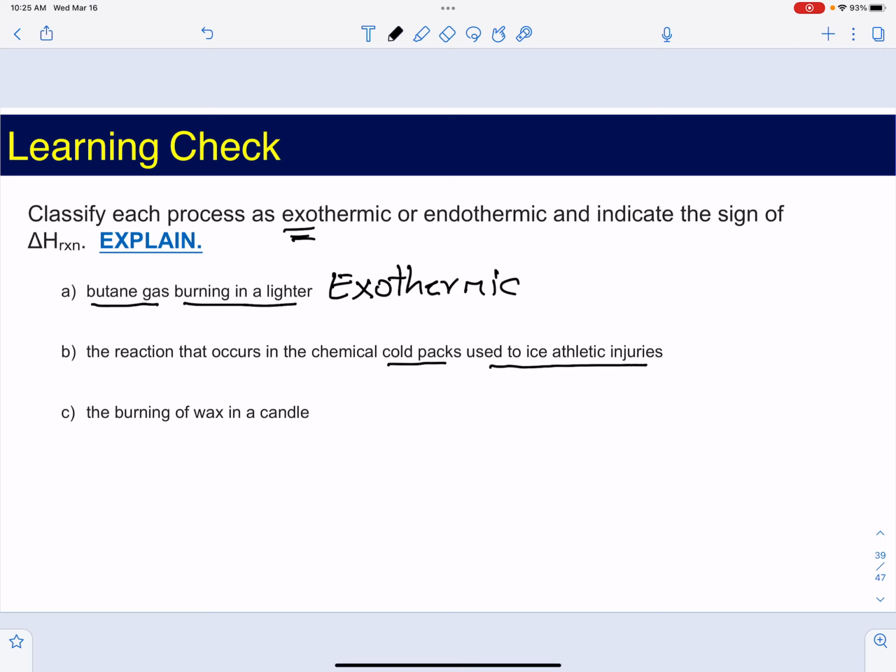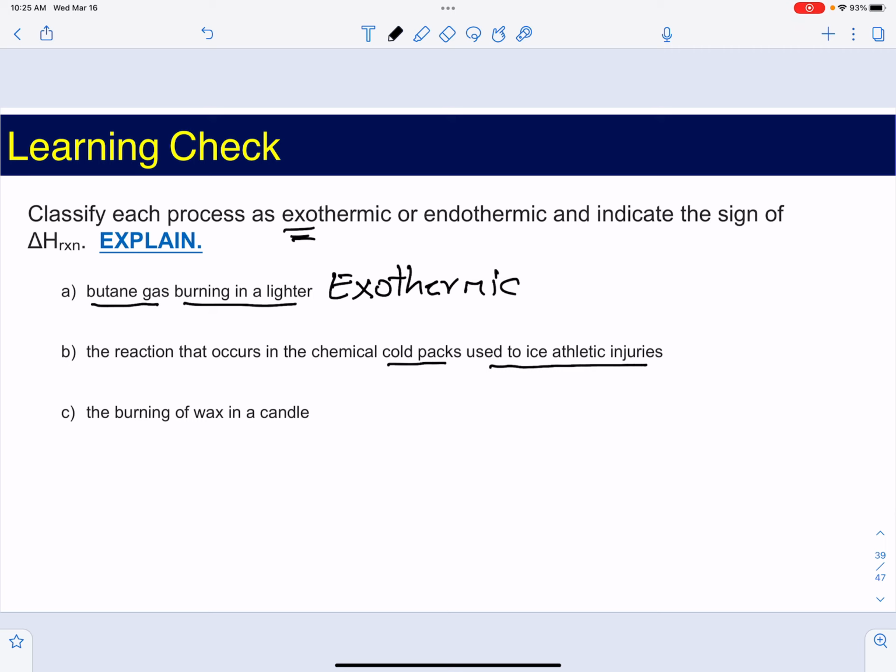Another example, the reaction that occurs in the chemical cold packs used to ice athletic injuries. So if I have a cold pack and I activate it, I expect for it to feel cold to me because I want to cool down my athletic injuries. So that means my brain is feeling cold, which means I'm losing energy. If I was gaining energy like from the flame, I will feel hot.